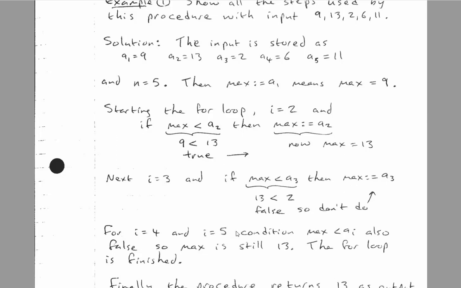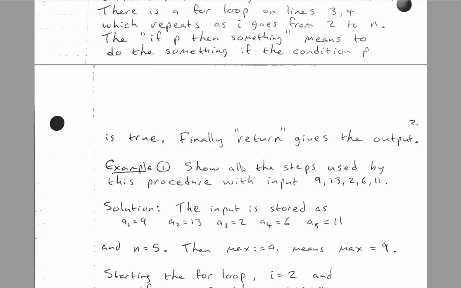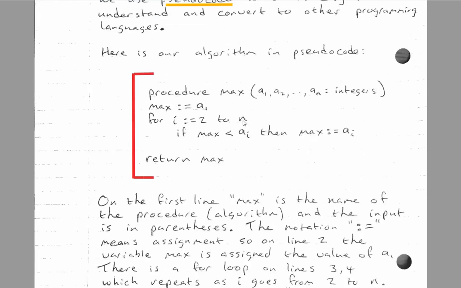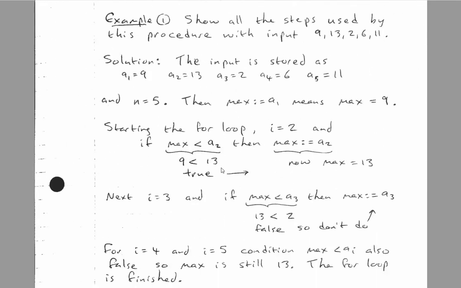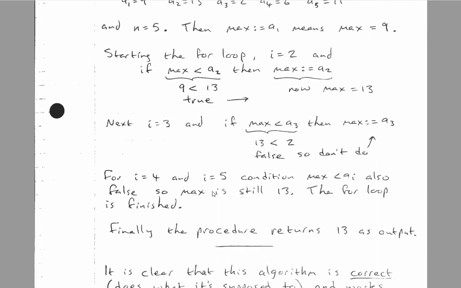After 5, that's the end of the loop. So we break out of this for loop, go to the next line, and just return whatever's stored in max. So max is 13.